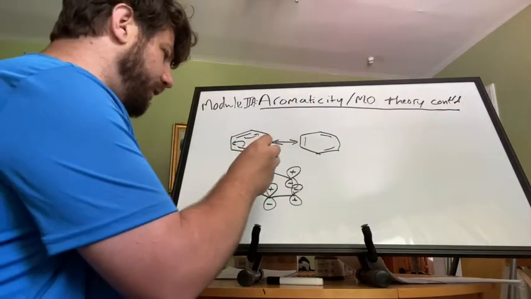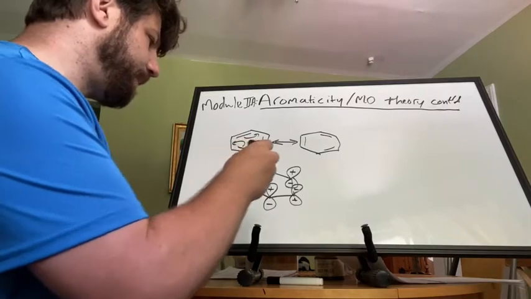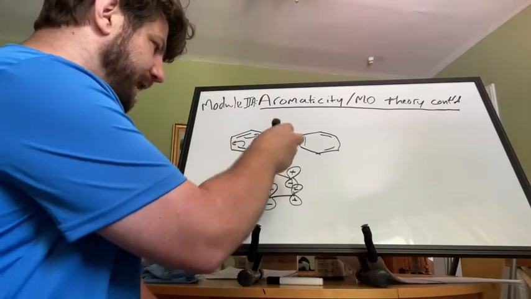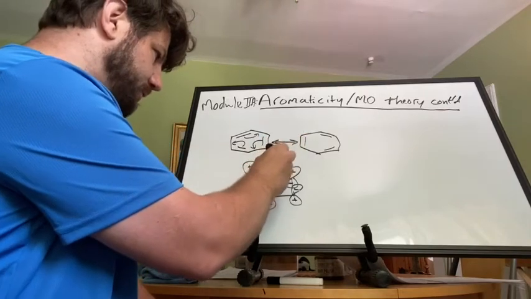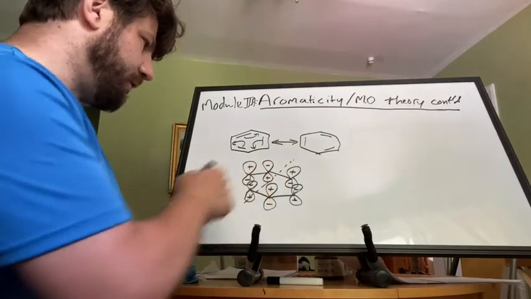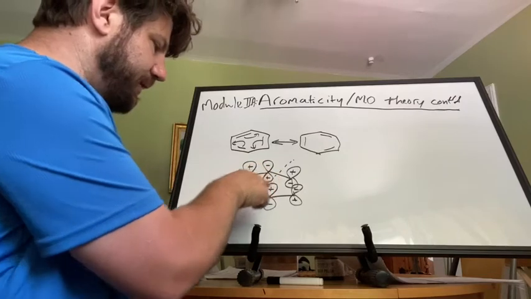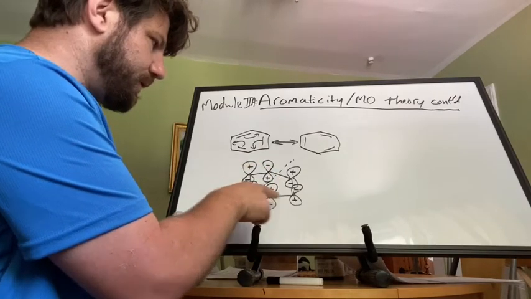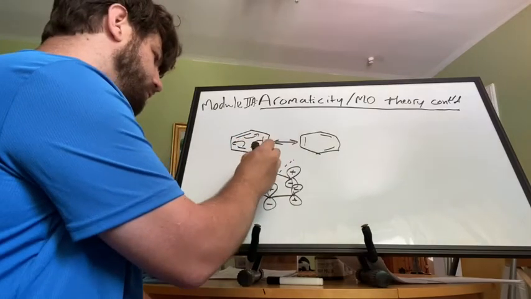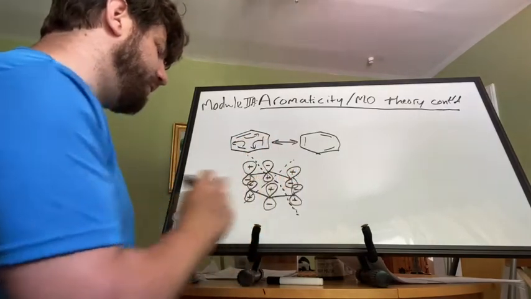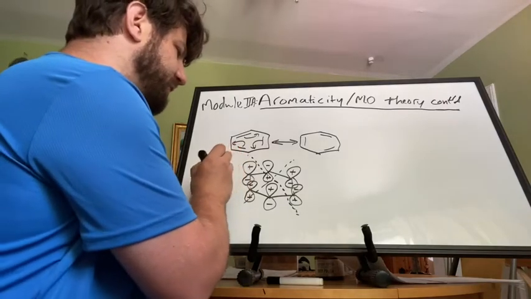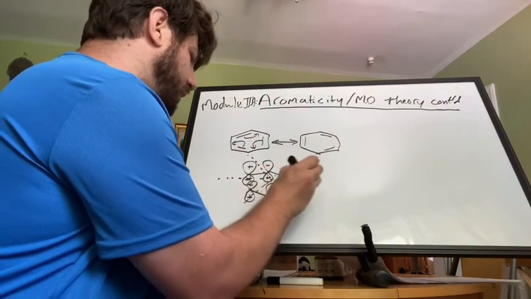So now there is going to be a nodal plane that will cross, okay, between this bond and this bond. Same goes diagonally from it, as well as 60 degrees across.